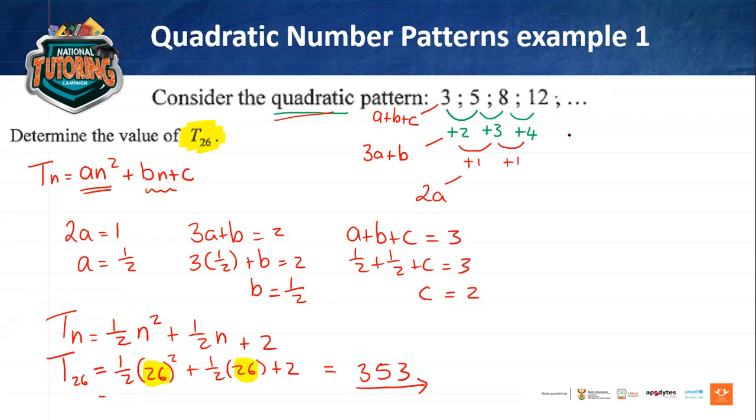If we were to put this in our number pattern, if we were to continue this pattern, eventually we would get to a value of 353. It's a number in my pattern, and that's the first number, the second, the third, the fourth. This would be the 26th number, but its value is 353.